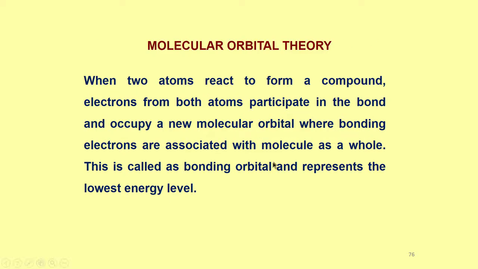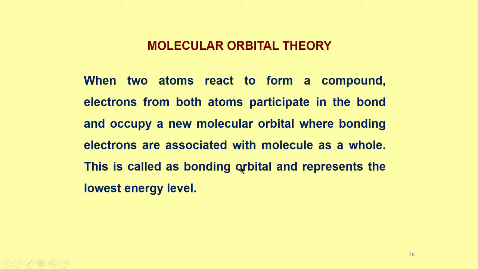So, there is a molecular orbital theory which explains these things. I will attempt it with respect to this course in a very short manner. That is, when two atoms react to form a compound, electrons of both atoms participate in the bond formation, as we have discussed earlier, and occupy a new molecular orbital where bonding electrons are associated with the molecule as a whole. Okay.